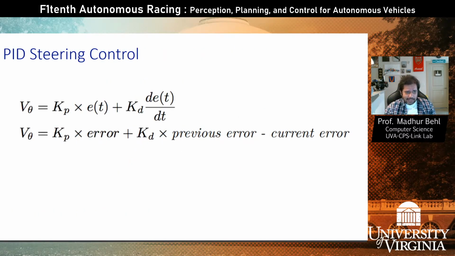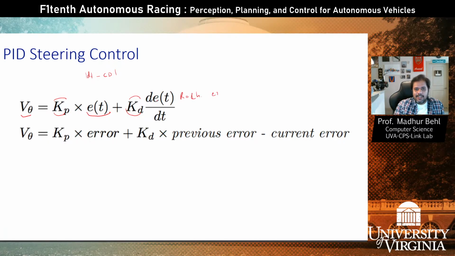But the idea is the following, that we can say that the correction in steering is proportional to, so this is some constant of proportionality, it's proportional to the current value of the error, which is given by desired trajectory minus CD in the previous time step, plus another proportional constant KD, or a derivative constant, which is proportional to not just the absolute value of the error, but also the rate of change of the error itself, right?